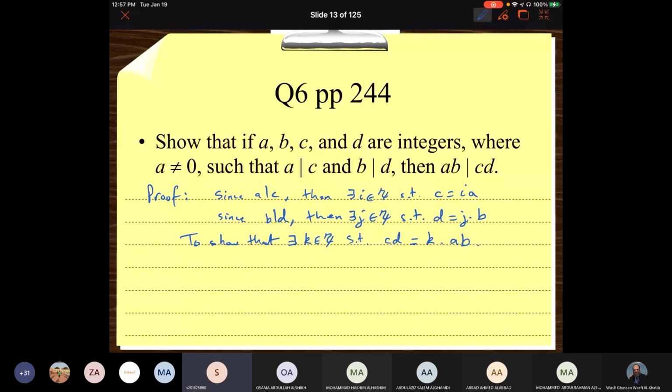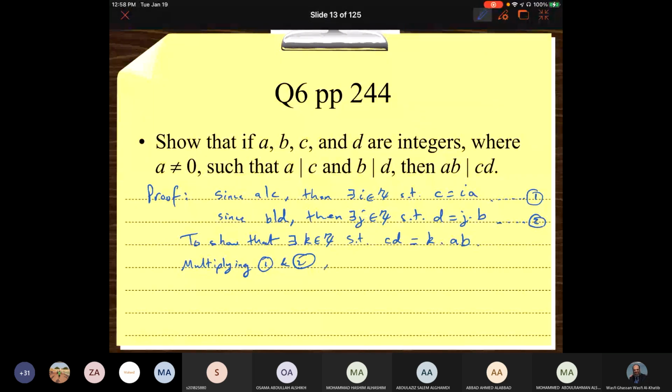Multiply the two equations. It's as simple as multiplying the two equations. So multiplying 1 and 2, basically, what is the value of C? What is the value of D? Well, multiply C by D, right?